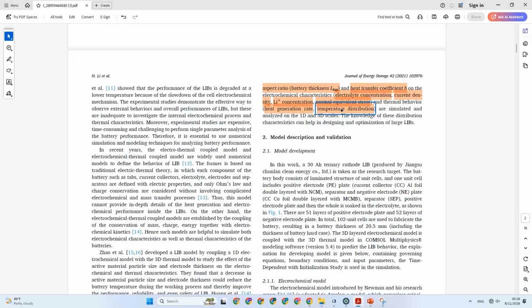The following simulations are simulated and analyzed on the 1D and 3D scales. It's so weird, 1D and 3D. The knowledge of this distribution characteristic can help design and optimize large LIBs.